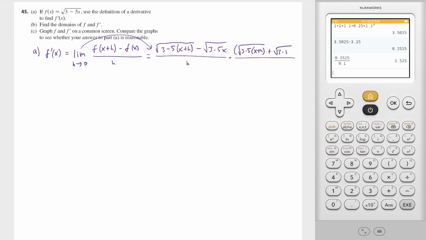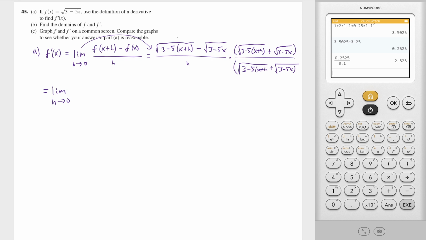Multiply the bottom by the same thing. Let's come down to the next line. This is equal to the limit as h goes to 0 of, and let's hope this conjugate thing works because it's a bit of work.